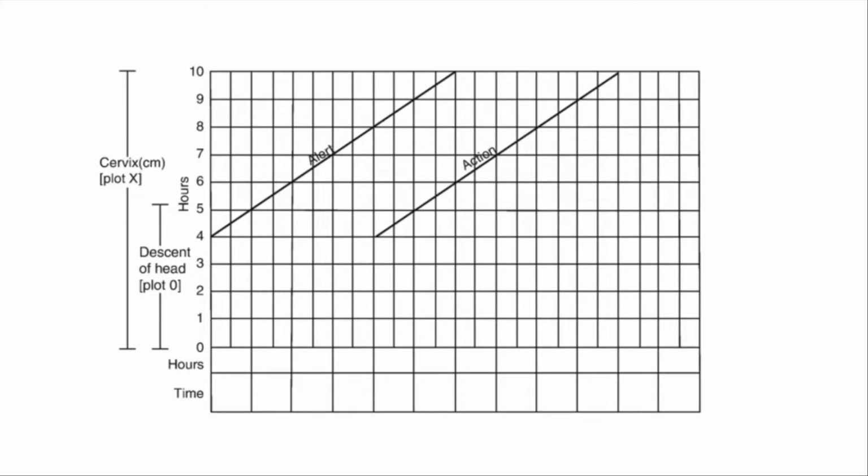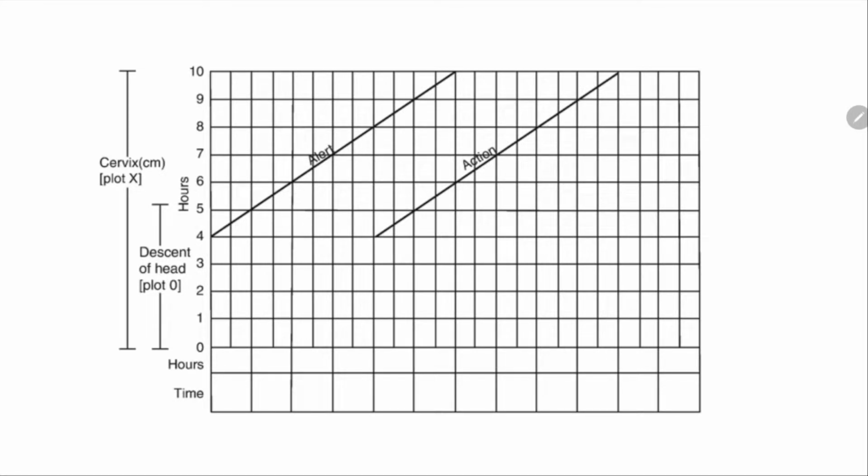Now we will look at what I feel is one of the most important parts of the partograph, which is the progress of labor. In this, with time and the number of hours from when the labor goes into latent phase or active phase, two things are plotted. If you look at the top half from number 4, that is where it starts.